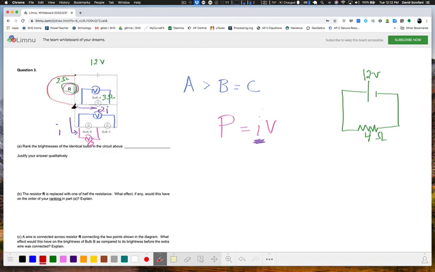Everybody's taking it, and everybody's going to go that way. And so if I do that, then the overall resistance in the circuit goes down, and that means the current goes up. So of course I expect to see all the bulbs get brighter than they were before. And in fact, B is one of those bulbs, so B gets brighter. And that's it.